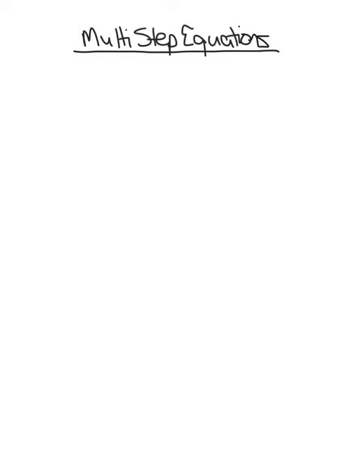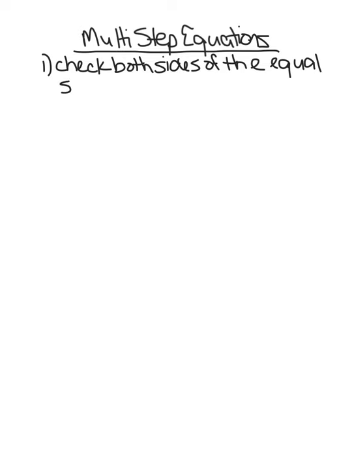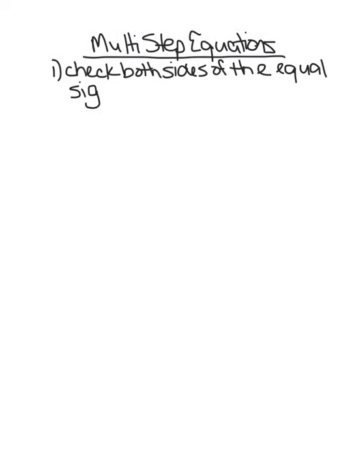Okay, so multi-step equations. If you remember back from way back in February, I believe, we were talking about solving equations. Step one is always to check if both sides of the equal sign are simplified, right? So we're going to check both sides of the equal sign to see if simplified.